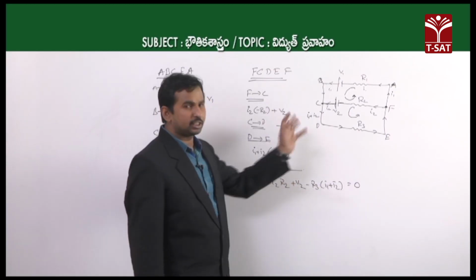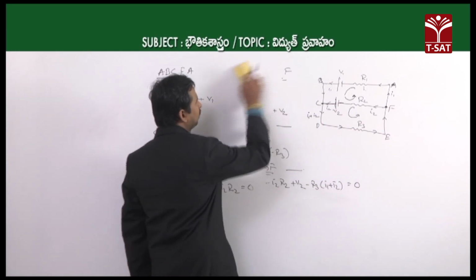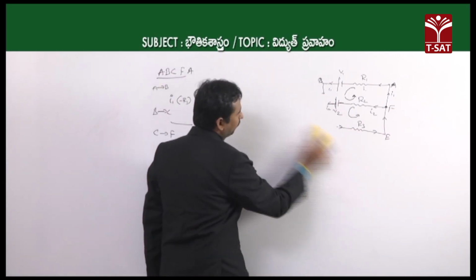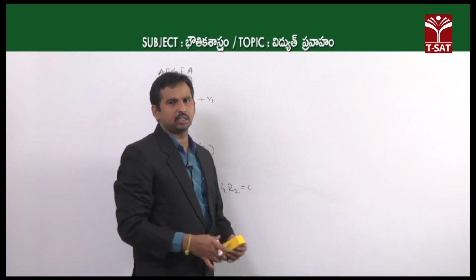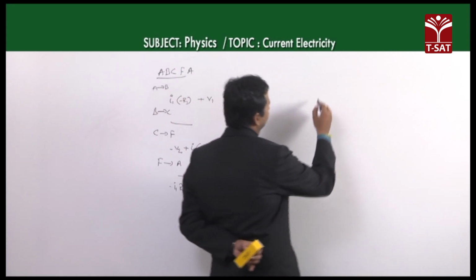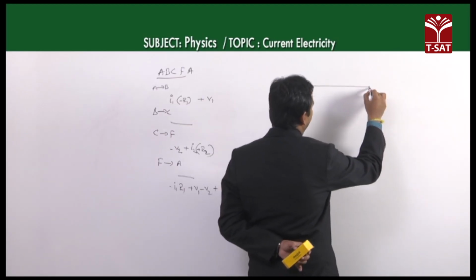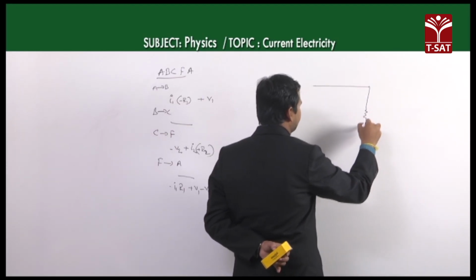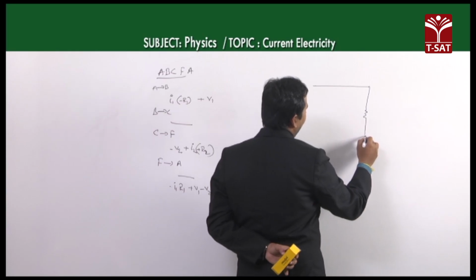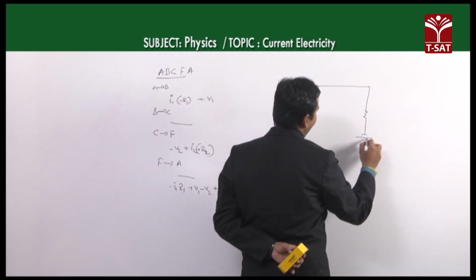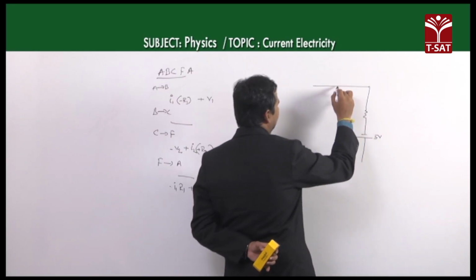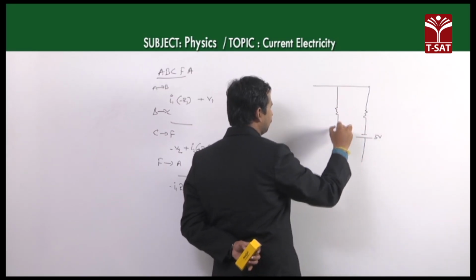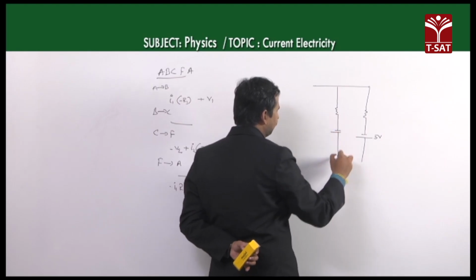And if you are applying it to numerical examples, by applying this Kirchhoff second law, let us suppose again we are taking one simple circuit in which we have 3 resistances connected to a battery. Let this be 5 volts, and one more resistance there, and again the connection with 12 volts.